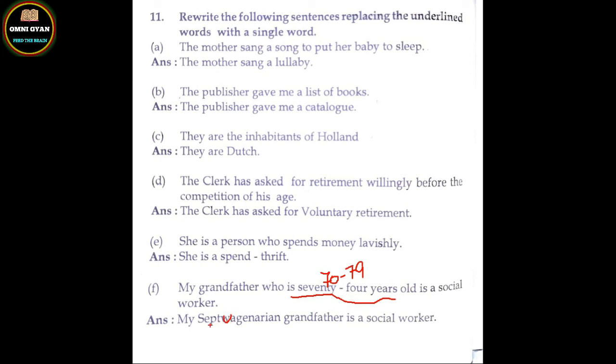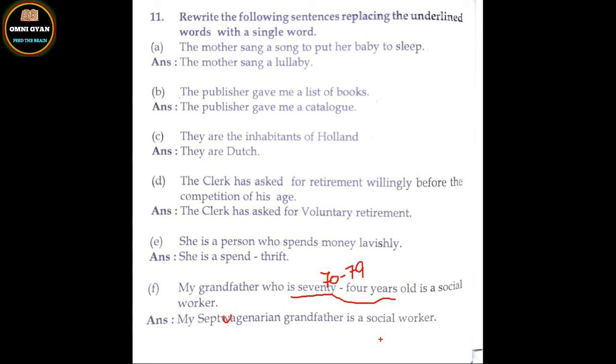Please mark the spelling: SEPTUAGENARIAN. This will be U, not W. So my septuagenarian grandfather is a social worker.